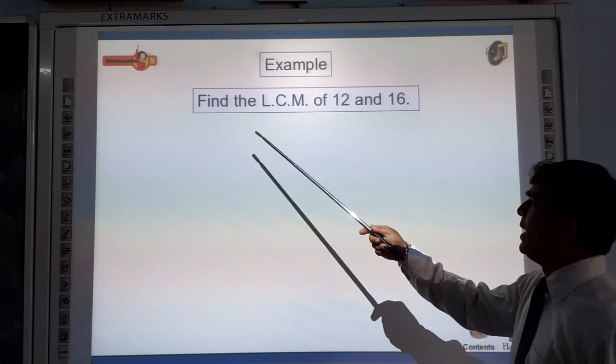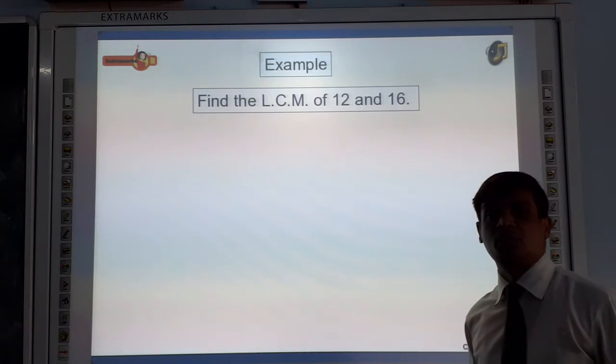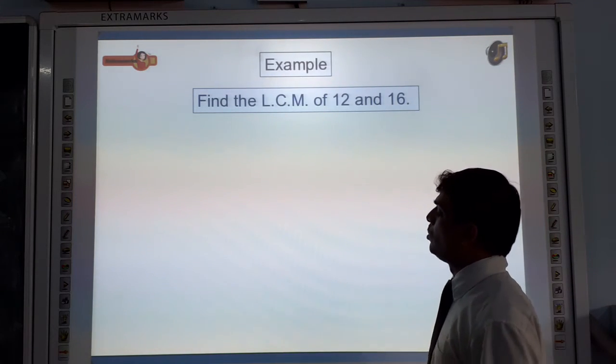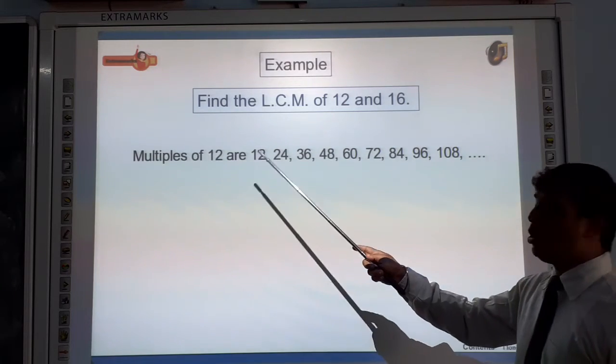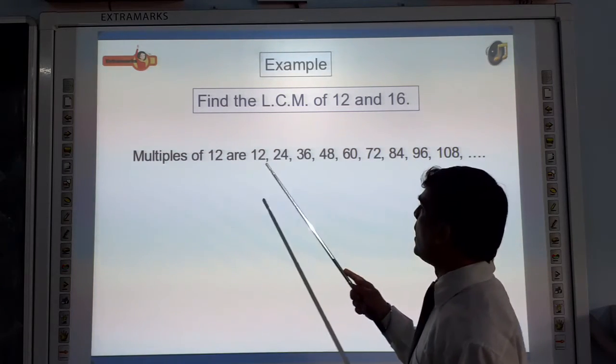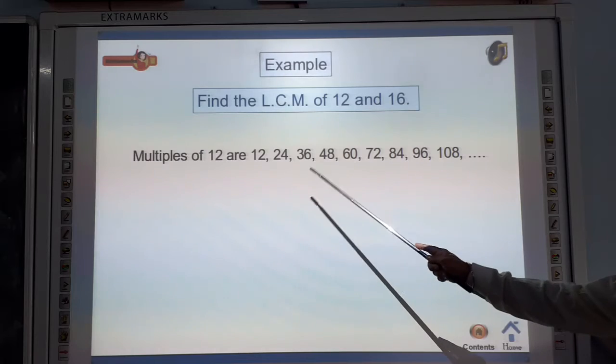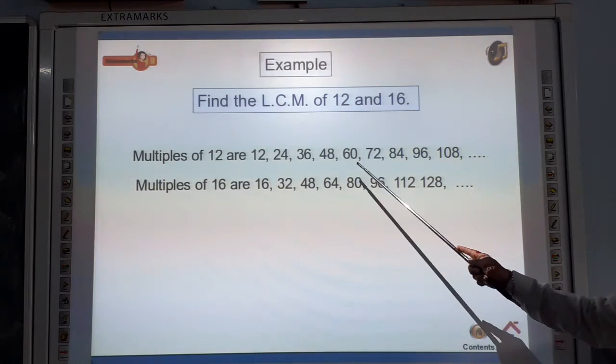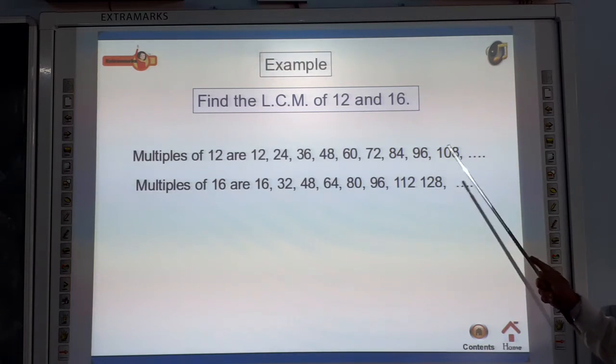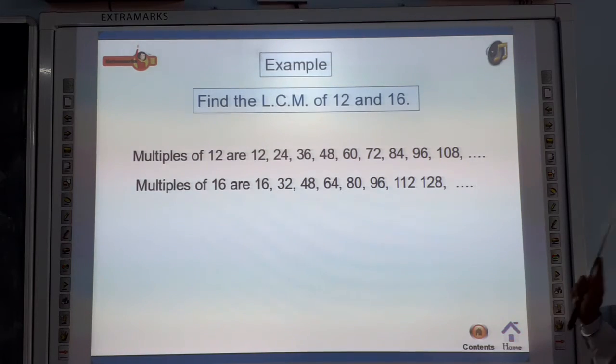For example, find the LCM of 12 and 16. Look at this. Multiples of 12 are 12, 24, 36, 48, 60, 72, 84, 96, 108 and so on.